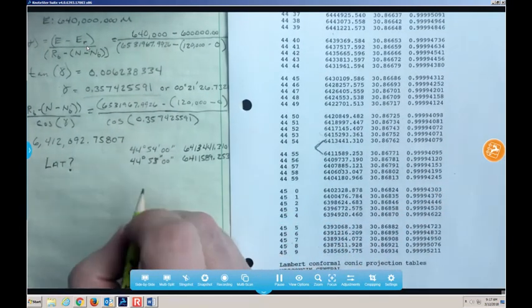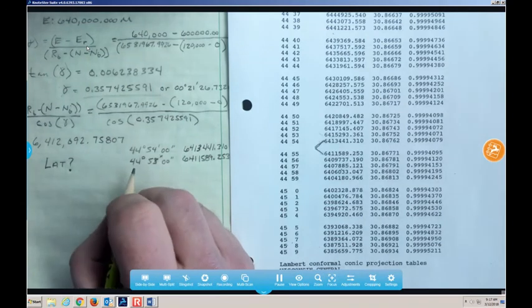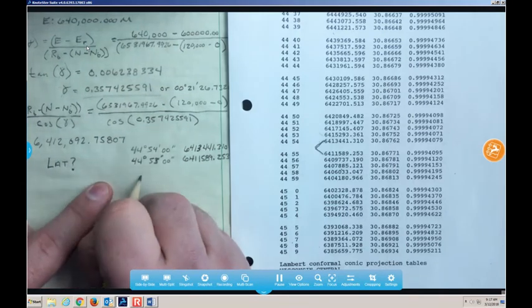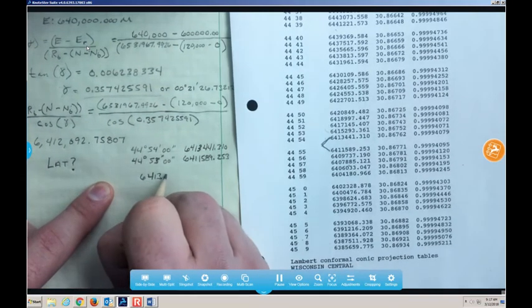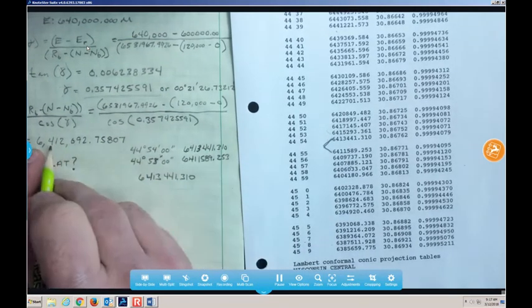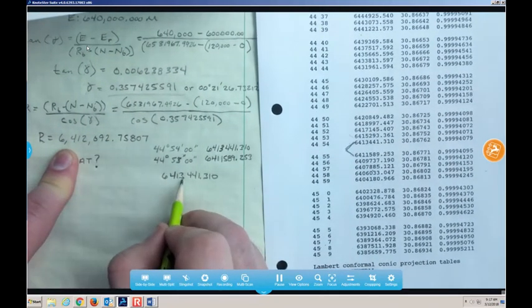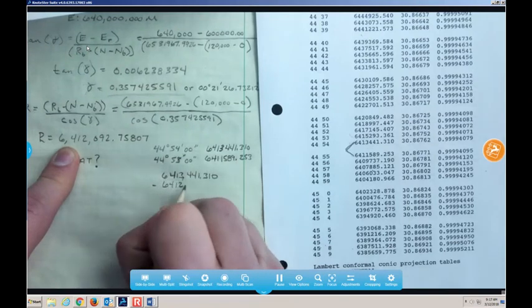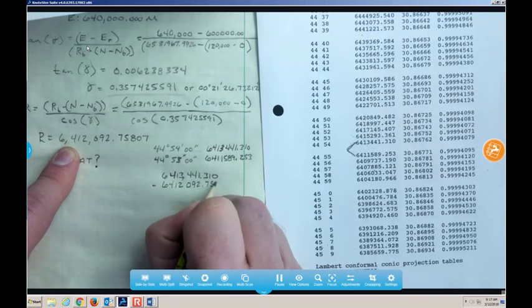What I can do is take my higher number here, 6,413,441.310, and subtract the R that we came up with, 6,412,092.758.